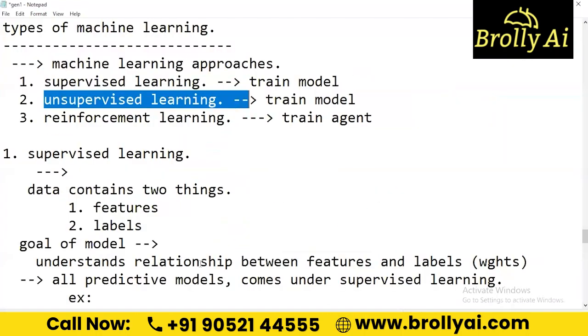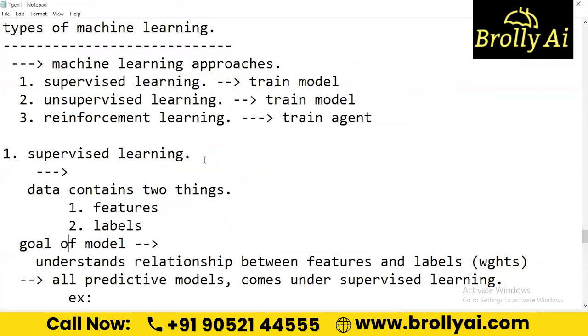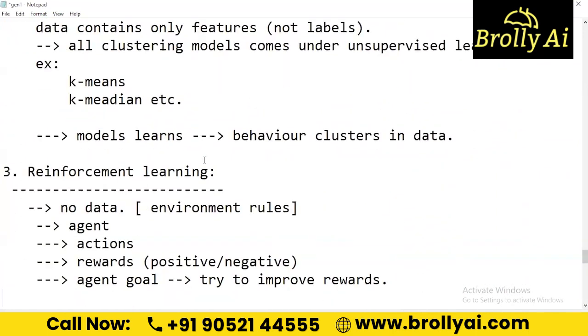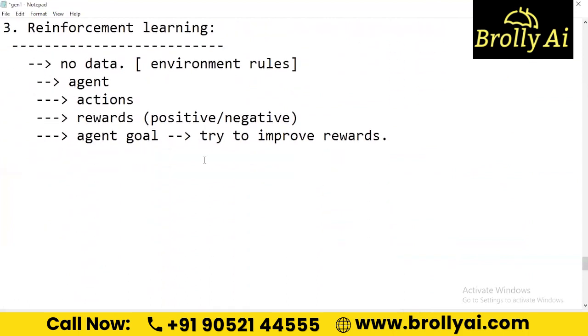But reinforcement learning is completely different. In reinforcement learning, the learner is not a model, the learner is an agent. And you don't even have data. You have only environmental rules. So here the learner is the agent, and the learner performs actions in the environment. For every action, the environment returns a reward.